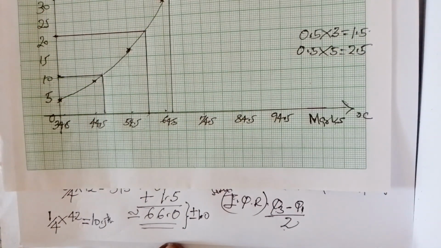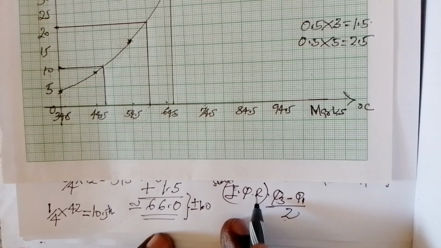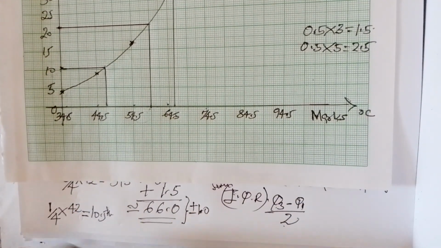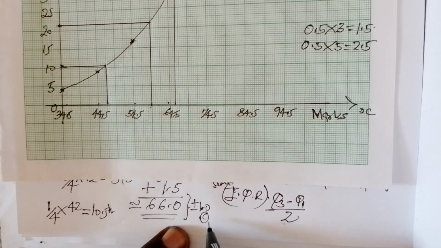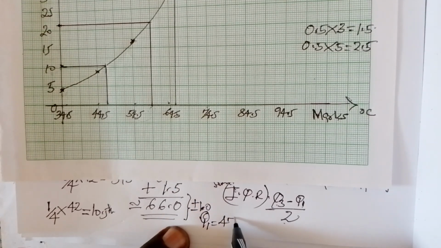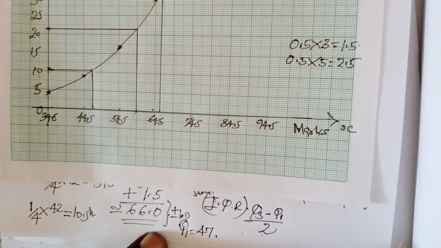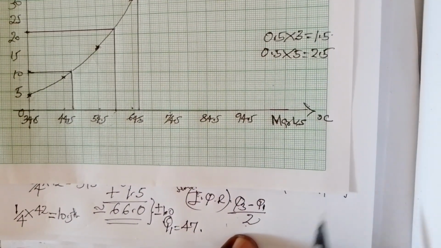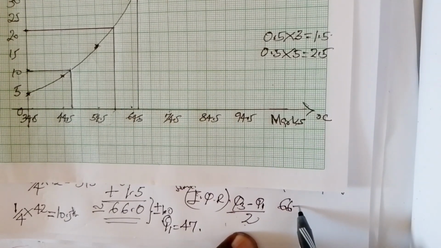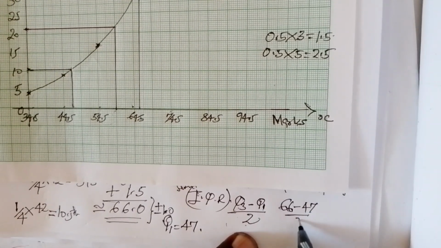So our lower quartile, Q1, will be equal to 47. So to get our semi-interquartile range, we're going to get 66 minus 47, divided by 2.